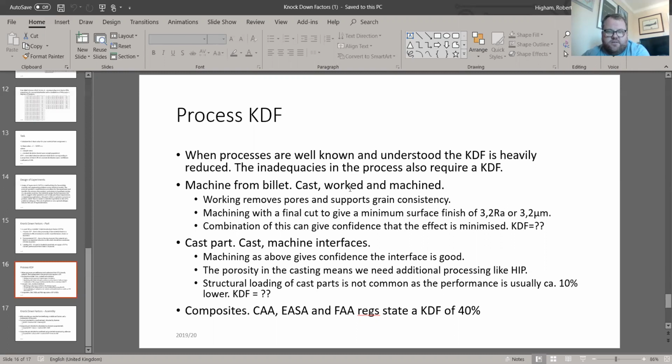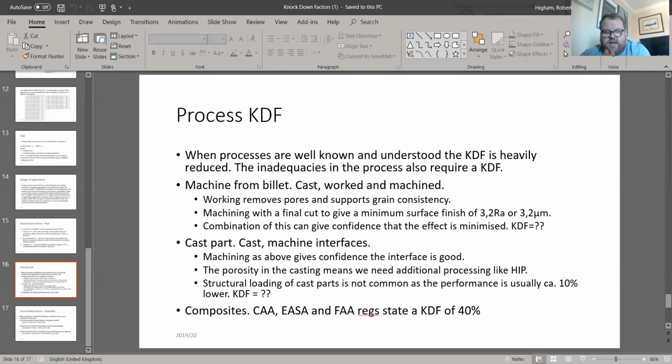That process is two separate processes, both of which have risk, thermal risk, environmental risk, etc. So if machine from billet, we have billet and machine, and then we have cast, work, machine. So 3 processes for one, 2 for the other.